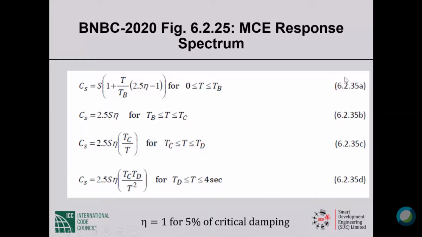All of that took a lot of time, but I think we'll find it valuable because it's not easy to locate things in the code. Now, in these equations, in all the US codes and standards and much of the rest of the world, 5% of critical damping is assumed. So all the spectra that you will see in ASCE 7-05 are 5% damped spectra.